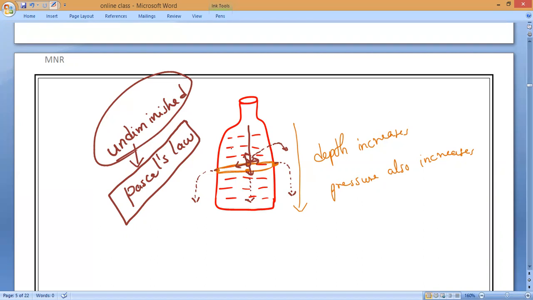That is what we call Pascal's law. Very, very important one. That is what you have to remember. So these are the properties of pressure in fluids.